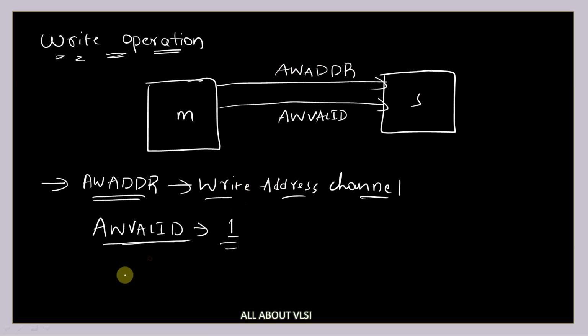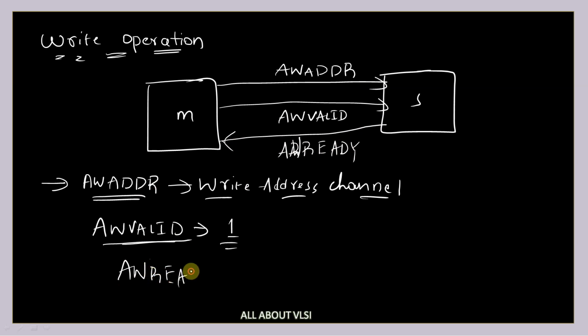Now, after receiving these two pieces of information, the slave is going to provide one more signal, that is AW ready. What does this AW ready signal mean?